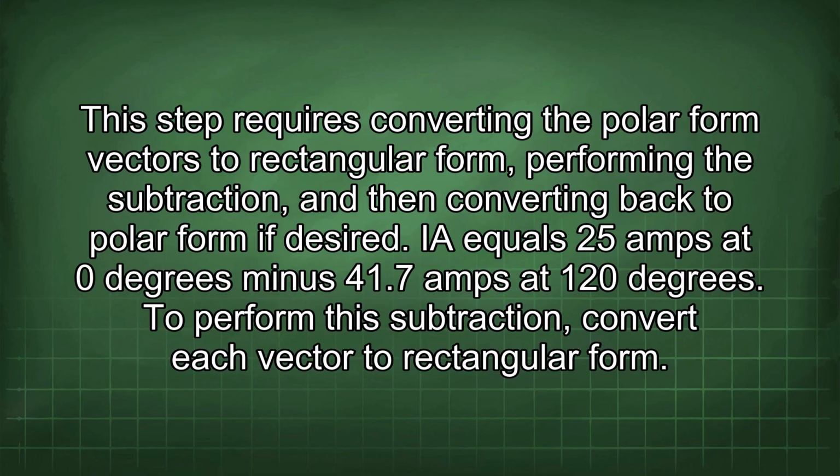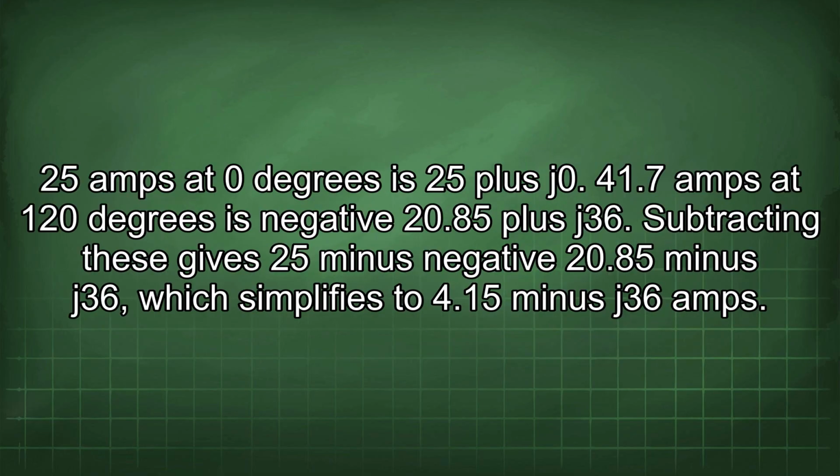To perform the subtraction, convert each vector to rectangular form. 25 amps at 0 degrees is 25 plus j0. 41.7 amps at 120 degrees is negative 20.85 plus j36. Subtracting these gives 25 minus negative 20.85 minus j36, which simplifies to 4.15 minus j36 amps.